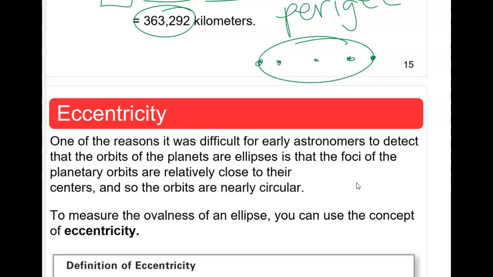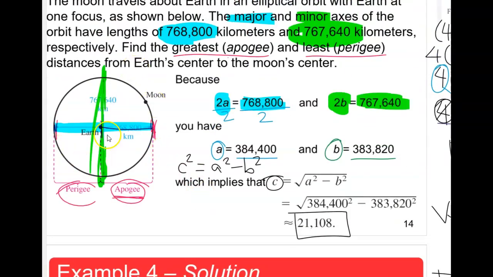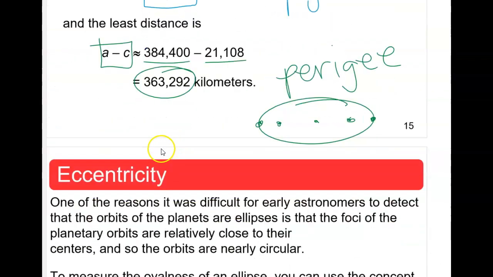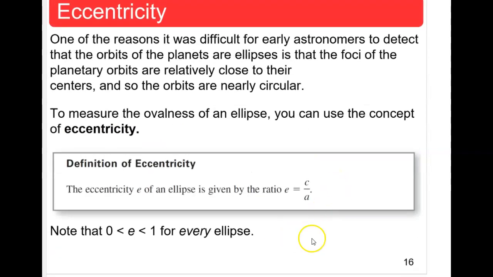But if we had an ellipse that was more like the orbit of the moon, the foci is actually very close to the center of that orbit, because it's closer to a circle. So in fact, when the eccentricity is close to zero, then it will look more and more like a circle.